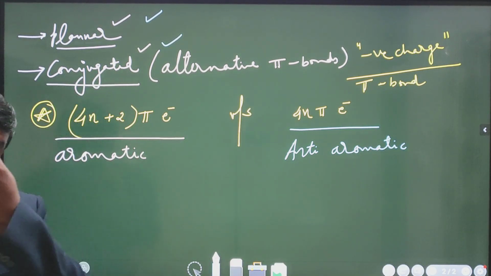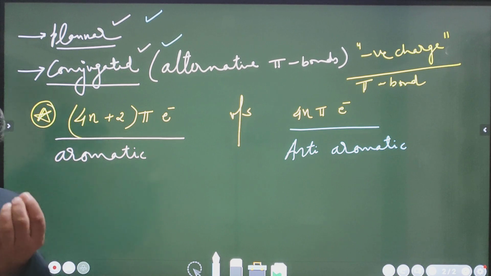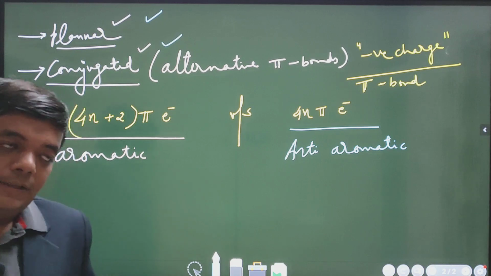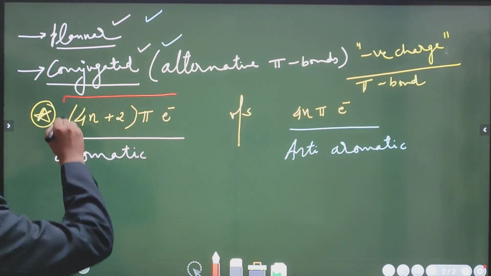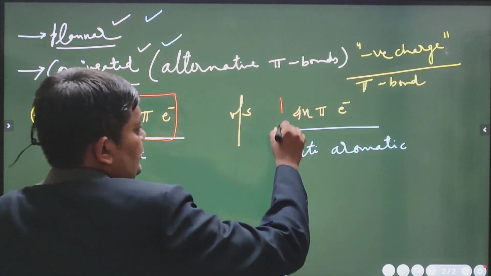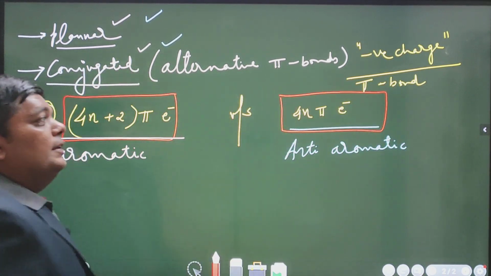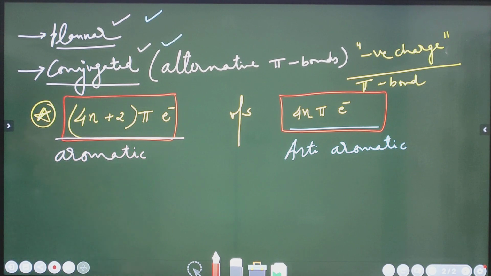So these are the two basic differences when we try to select a molecule based on its aromaticity or anti-aromaticity. Your main focus should always be on these rules. These rules will decide in which category you wish to place the given molecule, the given organic compound.